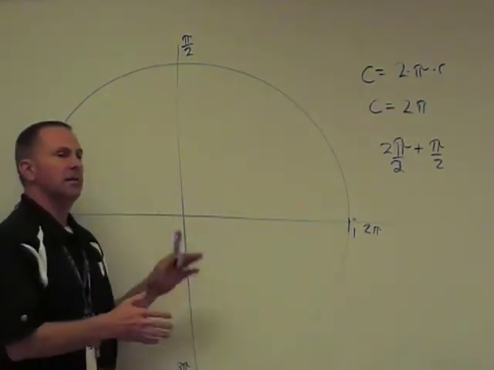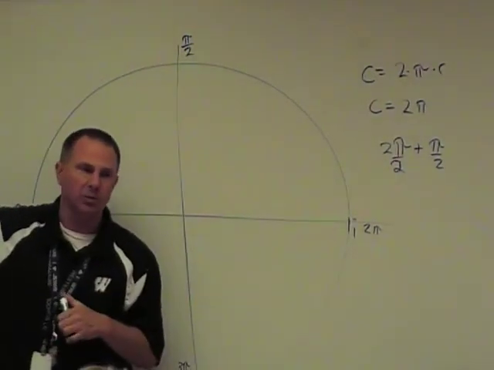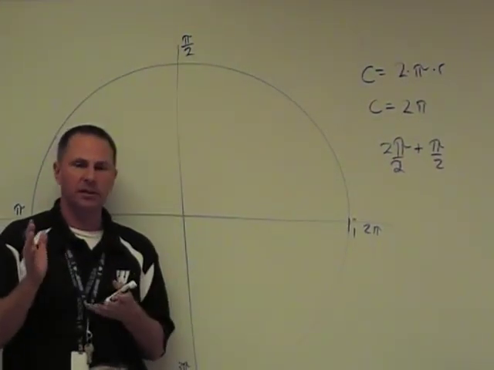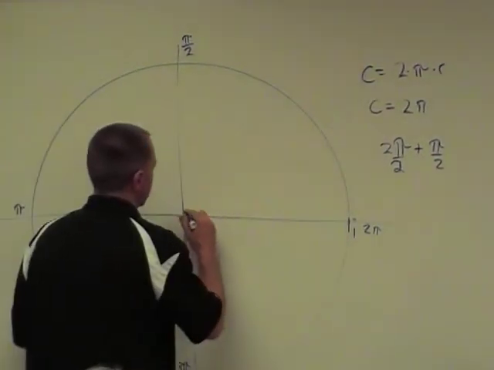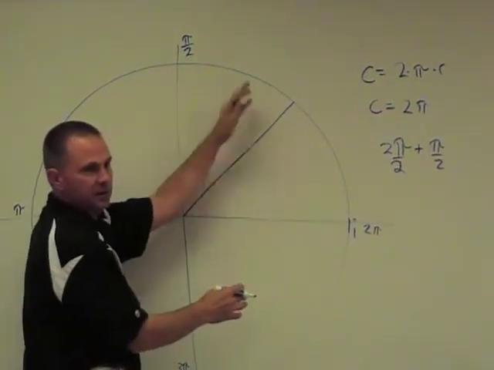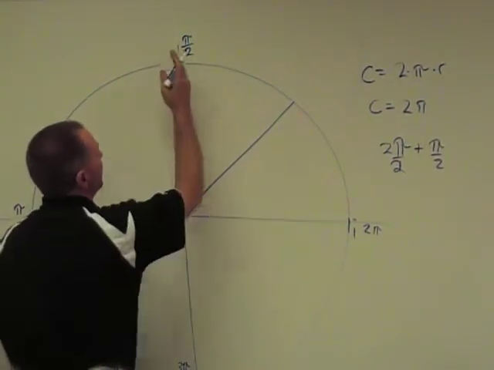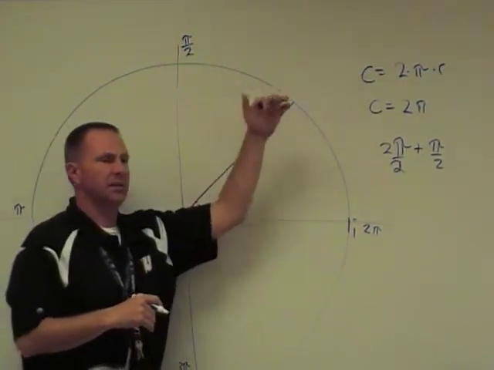Okay, so let's slow this down a little bit, because the references that we always talk about are always between 0 and 90 degrees. So let's talk about this right here. We did 45 degrees. Isn't 45 half of this? If 90 degrees is pi over 2, what is 45 degrees in terms of pi?